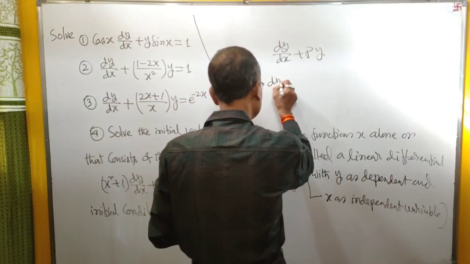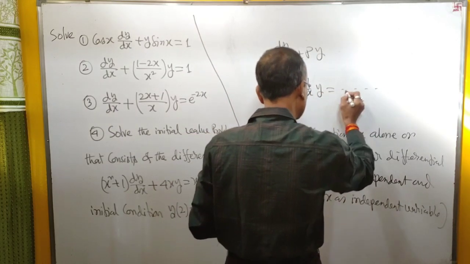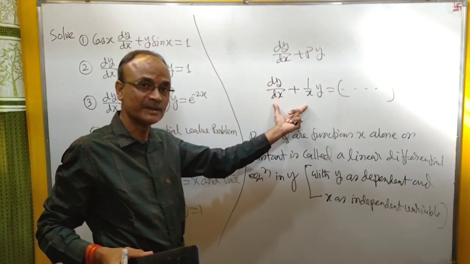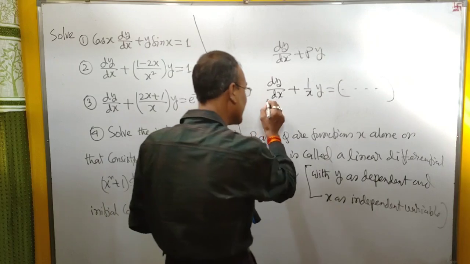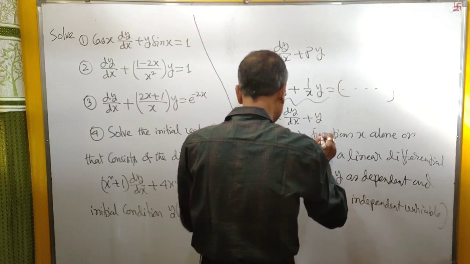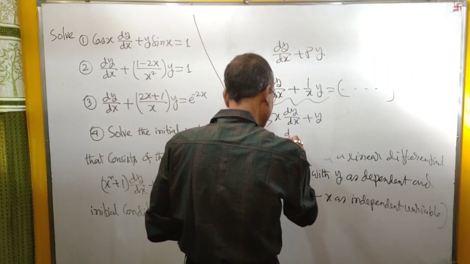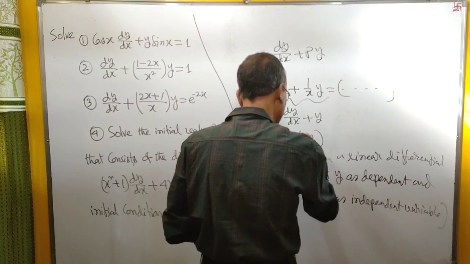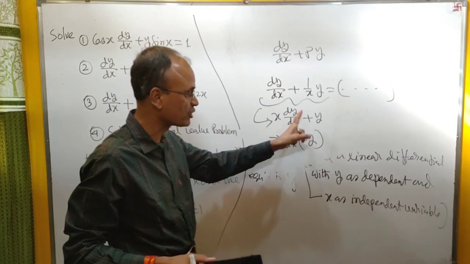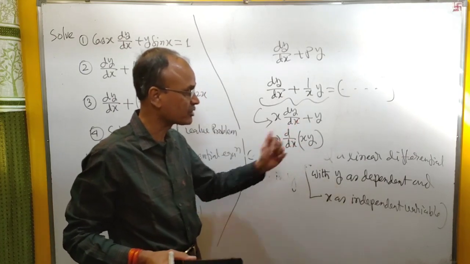For example, suppose dy by dx plus 1 by x y equal to a function of x. Now, if you multiply this differential equation by x, then the left hand side will become x dy by dx plus y. Then you may write it as xy: first function x, differentiation of the second function dy by dx, plus second function y, differentiation of the first function x is 1.